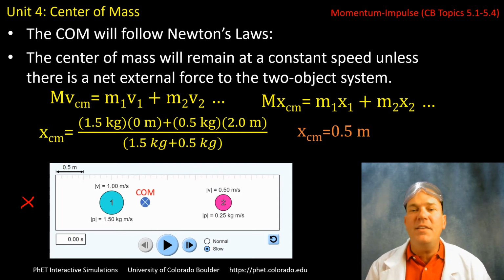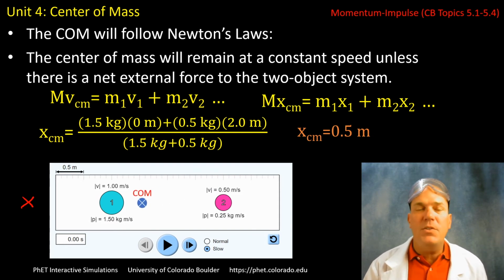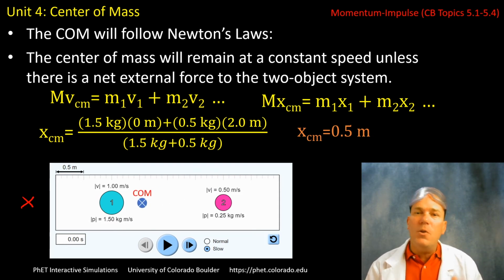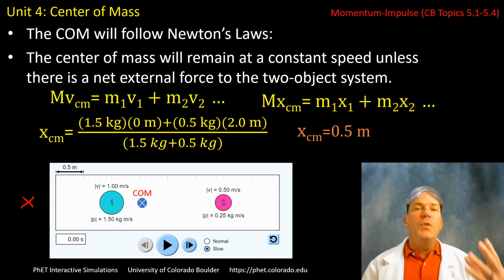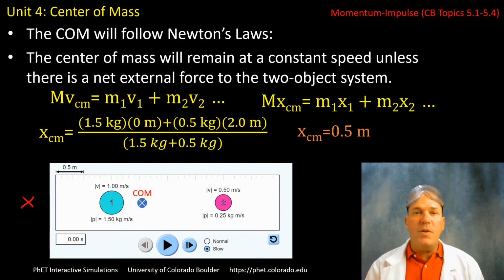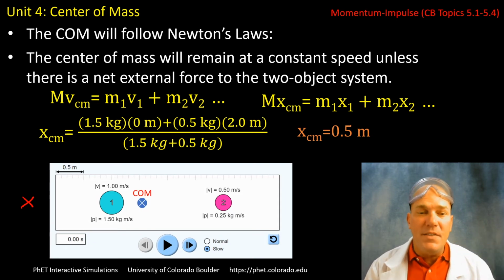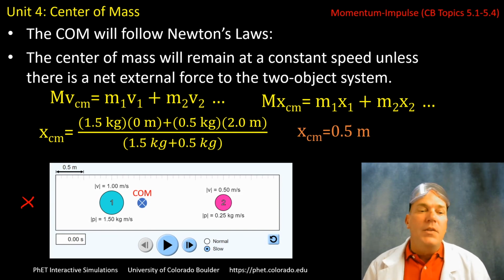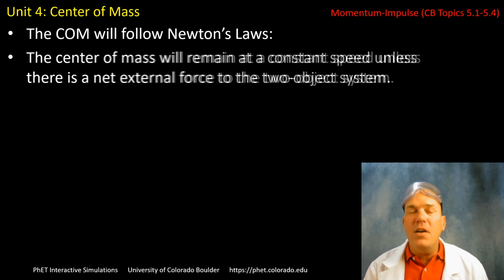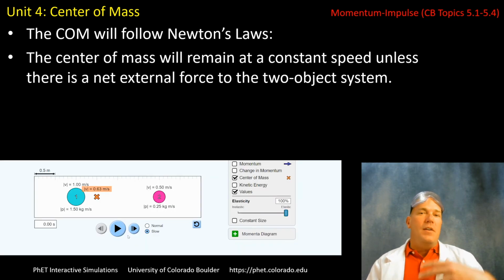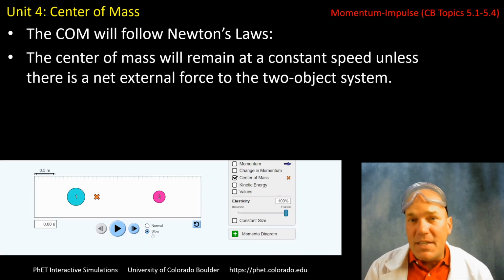So I find the center of mass for this two-object system to be 0.5 meters to the right of my chosen reference point, which was the light blue colored ball. So now we can go ahead and calculate the center of mass and its speed.